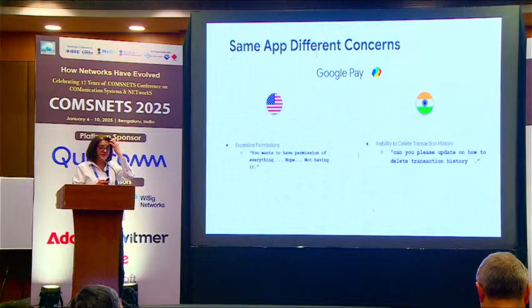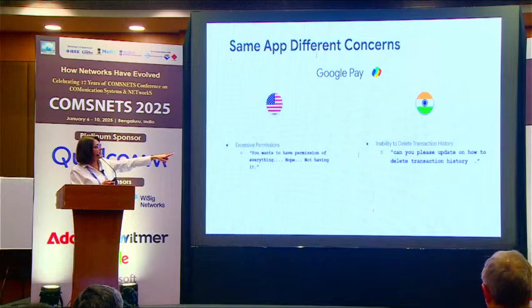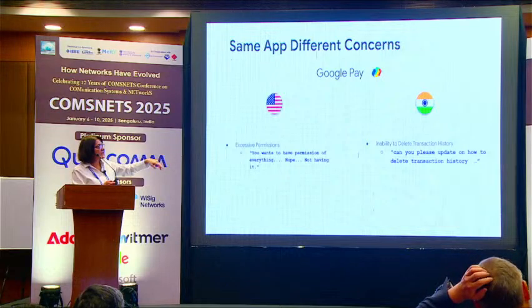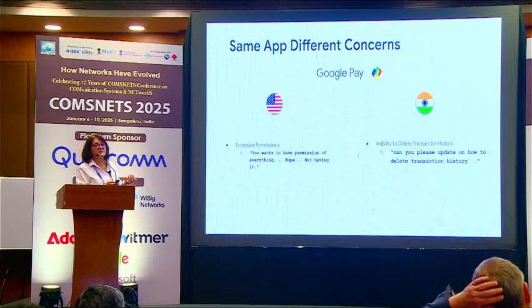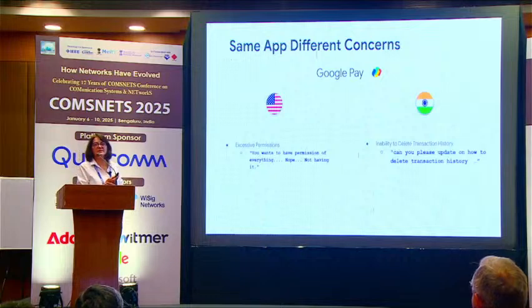Just one other fun difference here is about Google Pay. So in the United States, most people are complaining about Google Pay asking for too many permissions. But India is actually very unique, and this is a top issue here. Many people want the ability to delete transaction history. You don't really see that anywhere else, but there was a substantial amount of commentary on this from India.